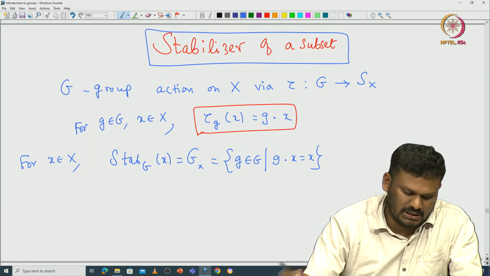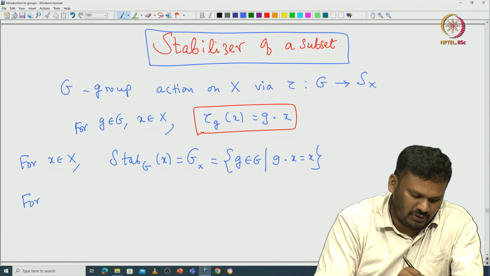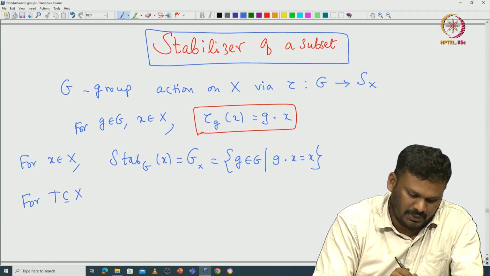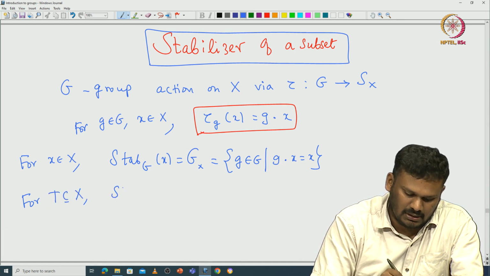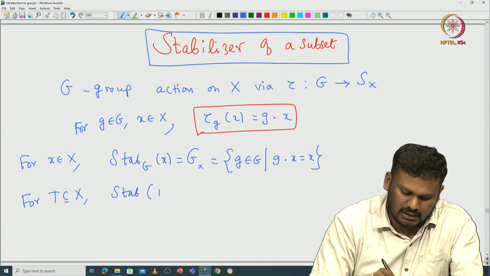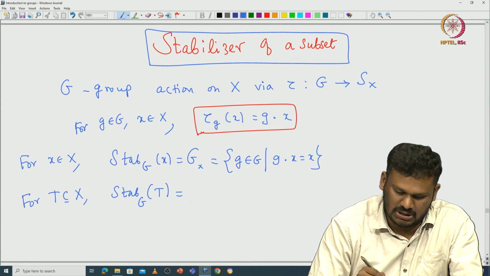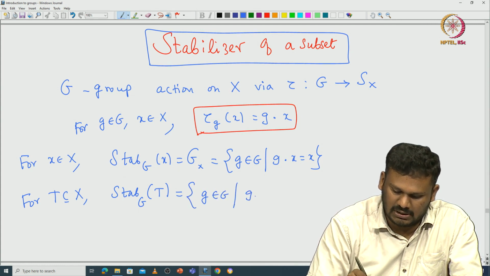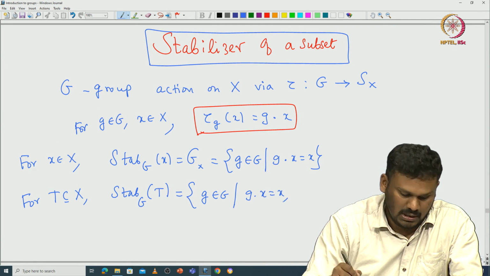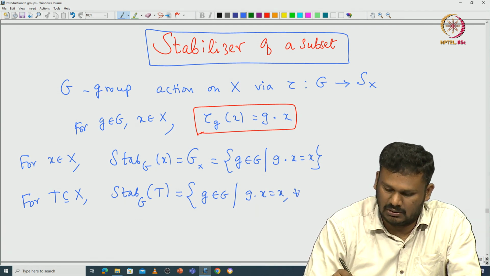Okay. So in general, we can define this stabilizer for any subset of capital X. So the stabilizer of this capital T, with respect to this group action of G, is those elements of G that fix all elements of this capital T pointwise. Okay.